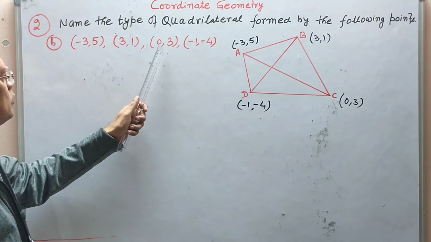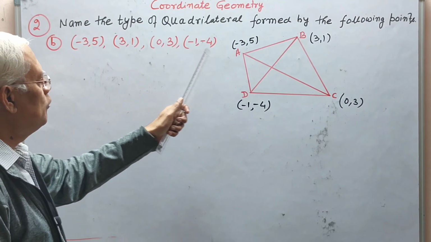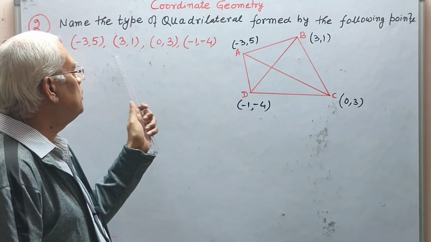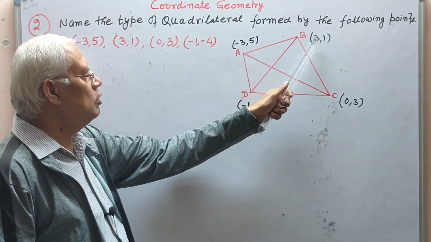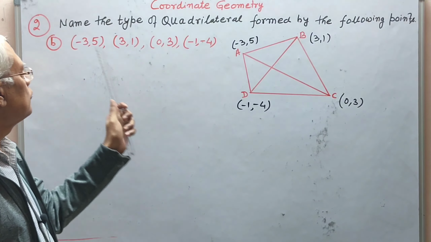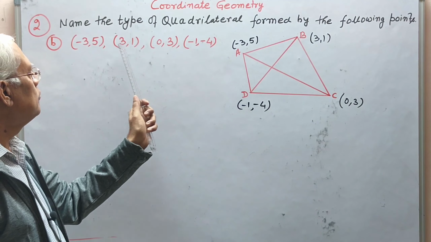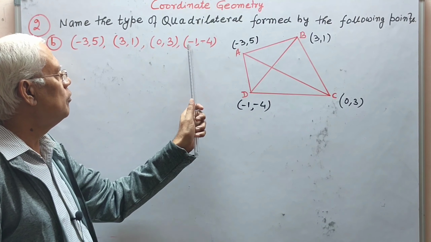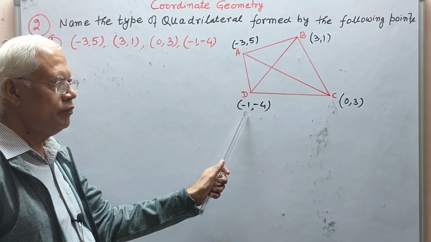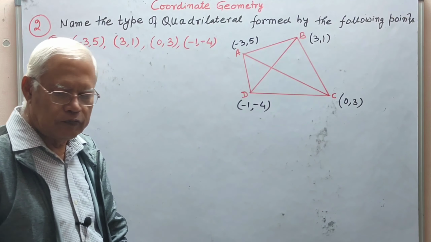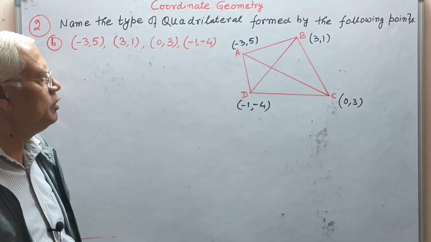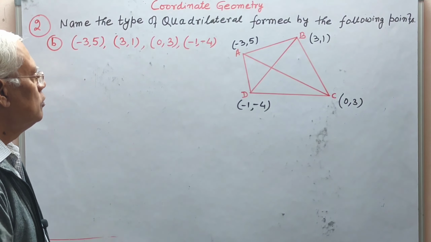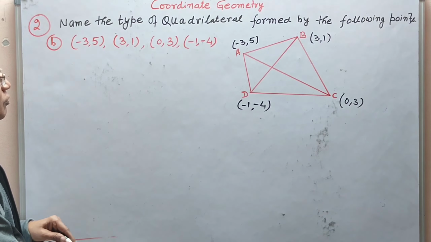Part B. These are the coordinates of the vertices of a quadrilateral. I have written these points in an order: (-3, 5), (3, 1), (0, 3), (-1, -4). Now, with the help of distance formula, we will calculate the lengths of sides of this quadrilateral.